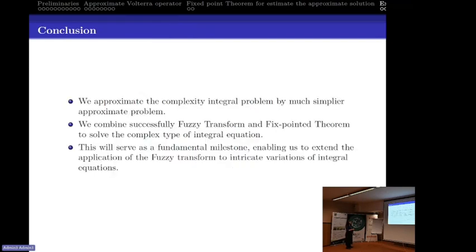Okay, so the conclusion, what we get after this: first, we have successfully combined the fuzzy transform and the Fishbone theorem to solve a quite complicated integral problem.